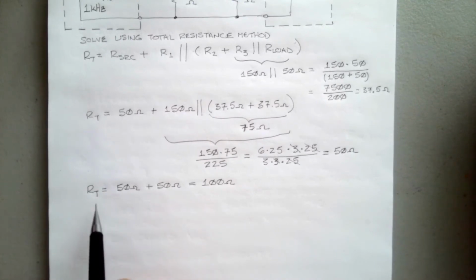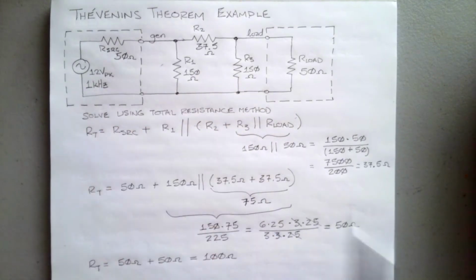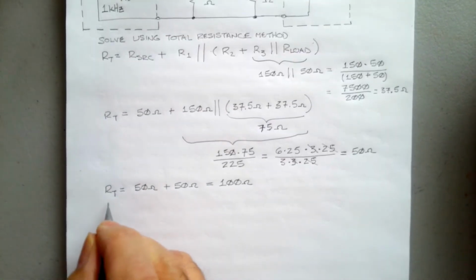Now, I should show the circuit. If we go back up here, we want to find this total current. That shouldn't be too hard.